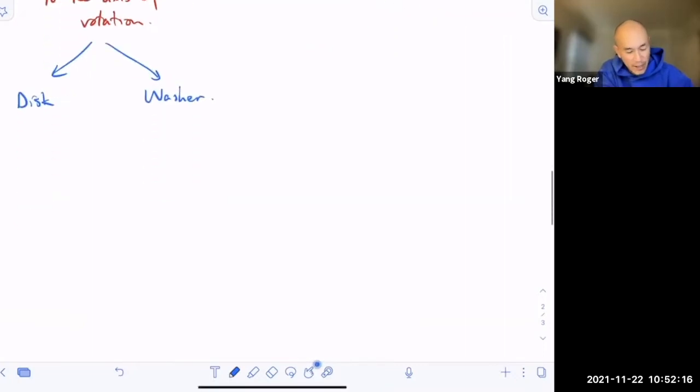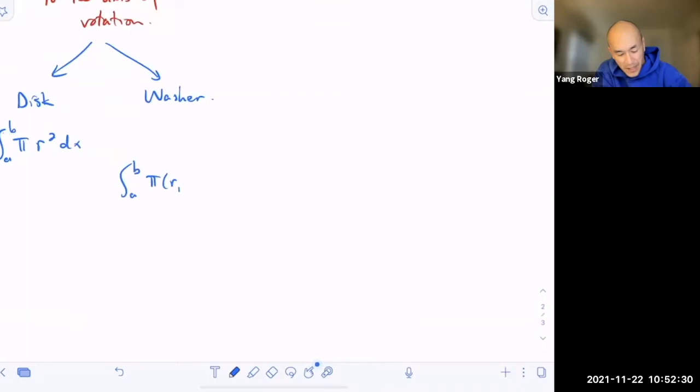For the disc, the formula is the integral from a to b of pi times the radius squared dx. And for a washer, the formula is the integral from a to b of pi times R big, the bigger radius, squared, minus pi times r small, the smaller radius, squared.